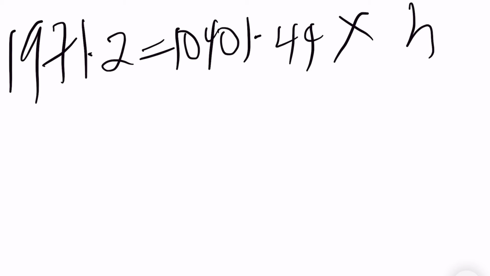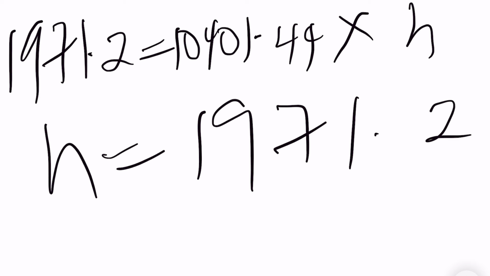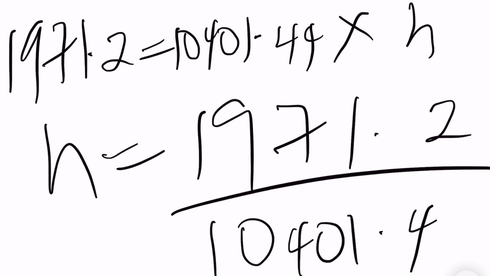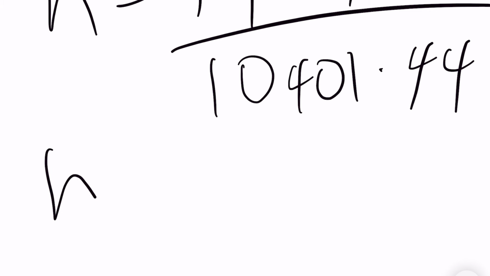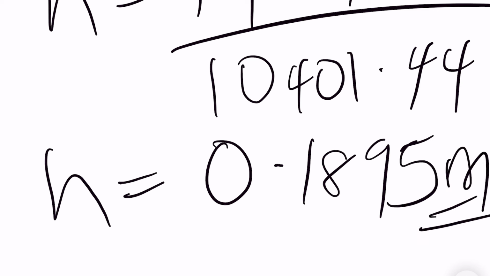Where we have our height to be 1971.2 over 10401.44, and using the calculator, we have it to be 0.1895 meters. This is our height.